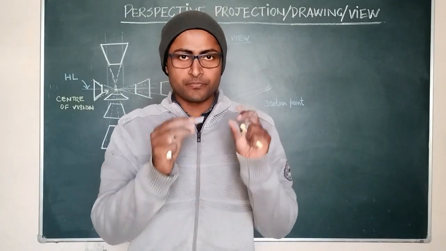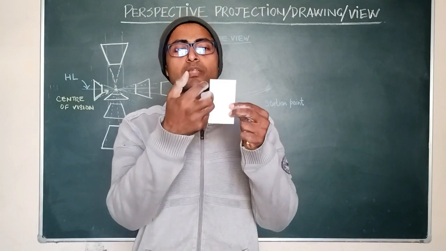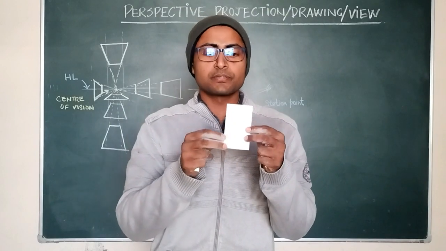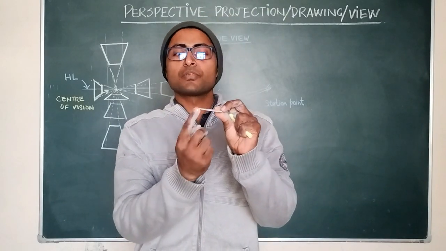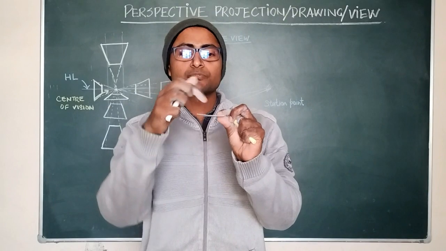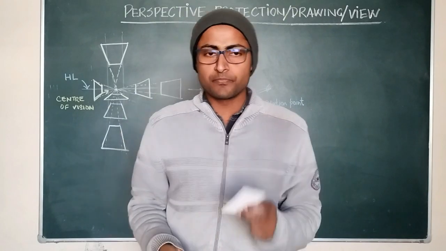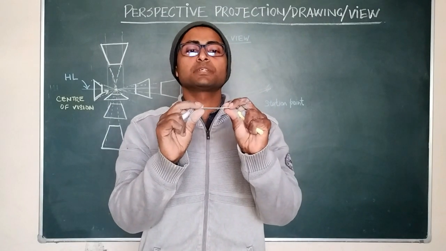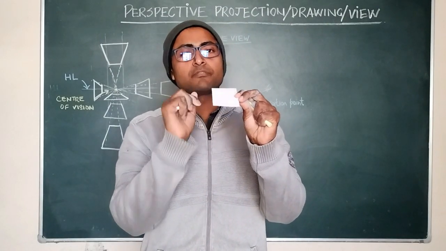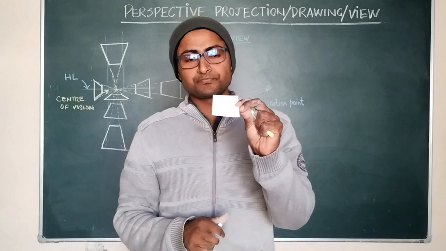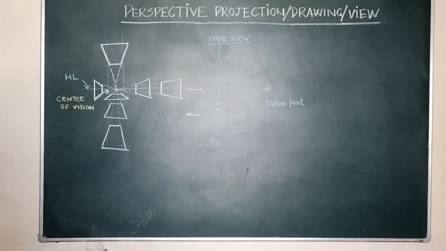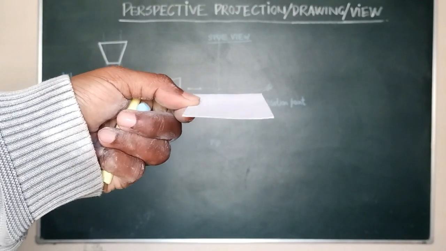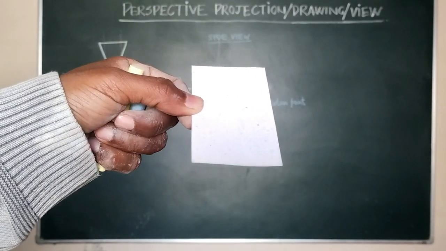So here we discussed three cases. In the first case, all the lines were parallel to the picture plane. In another case, a few lines were parallel to the picture plane and these lines were perpendicular to the picture plane. Now another case would be, I can keep the object like this but at the eye level, right? Suppose I keep the object at the eye level but making some angle with the horizontal plane.